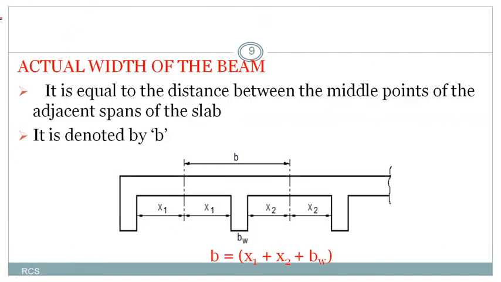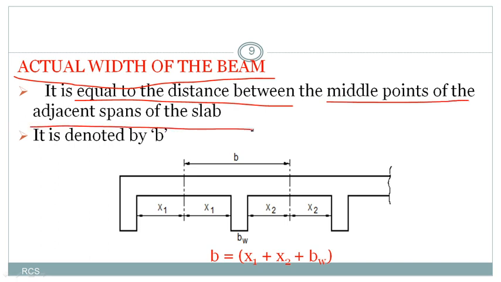Let us discuss one by one the components of a T beam. First we'll discuss the actual width of the beam. The definition of actual width of the beam is the distance between the middle points of the adjacent spans of the slab. So what is the middle point of adjacent spans of the slab? Say this is a beam here, and this one up to here and this one up to here.